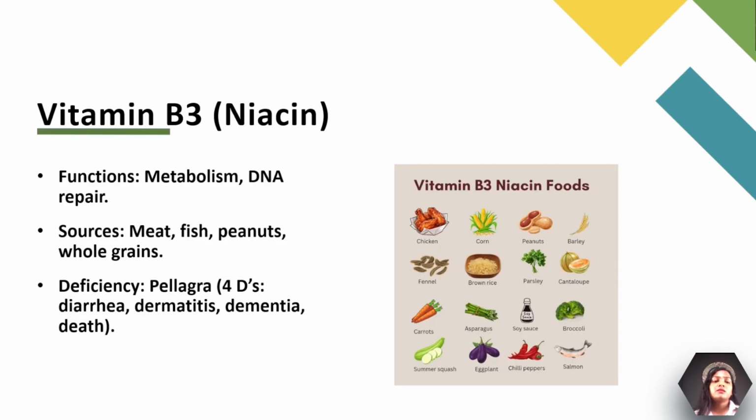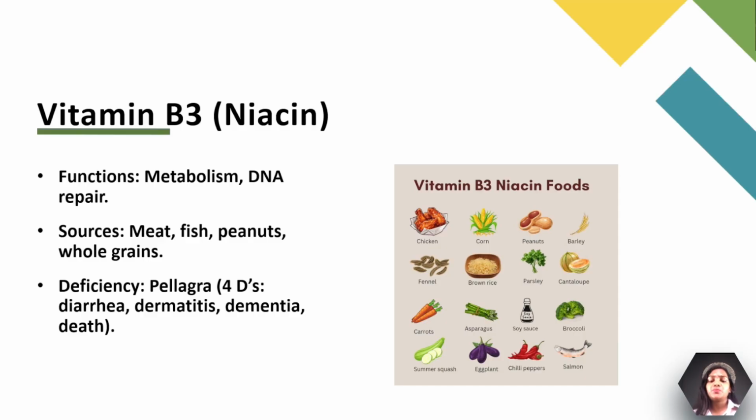Now moving further, vitamin B3, that is also known as niacin. So the function of this vitamin B3 is metabolism and DNA repair. Sources are mainly meat, fish, peanuts and whole grain.